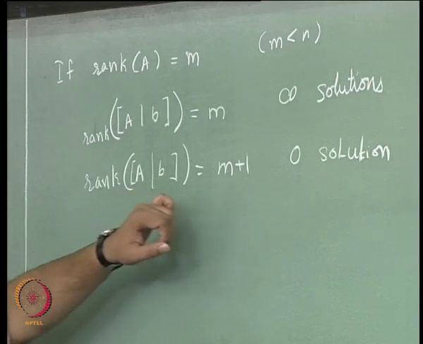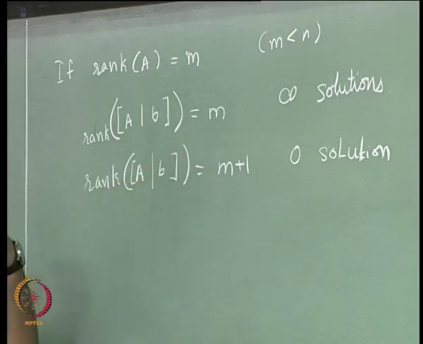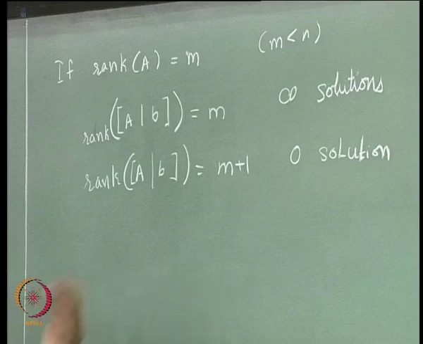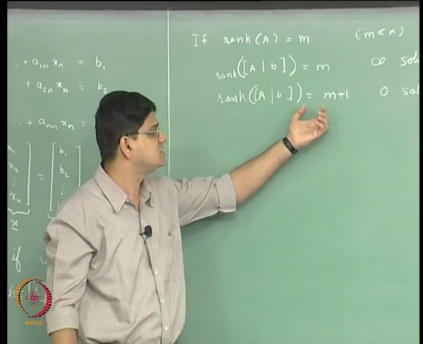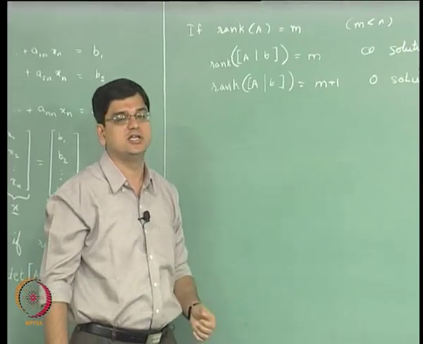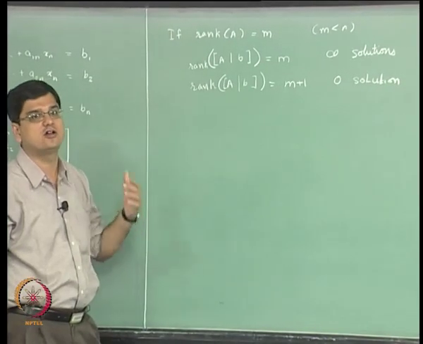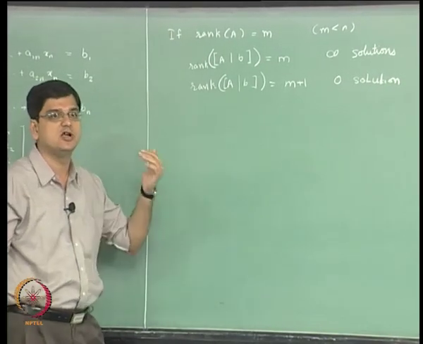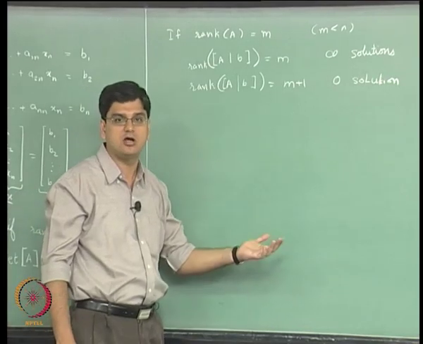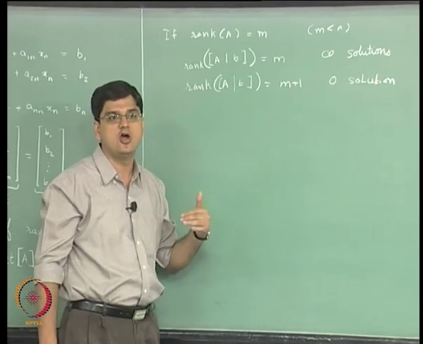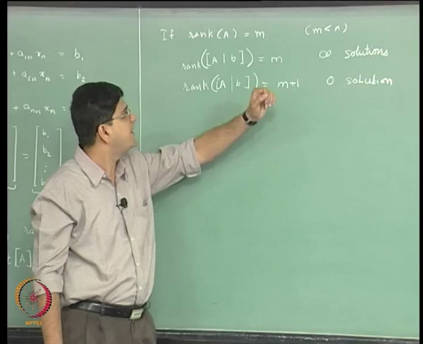Okay. Why M plus 1? Because we have just added one more column, so the rank cannot actually be greater than M plus 1. The largest rank that this can reach is indeed M plus 1. So these are the conditions for the system of equations to have one solution, infinite number of solutions, or 0 solutions.